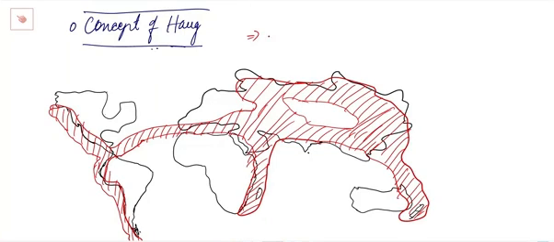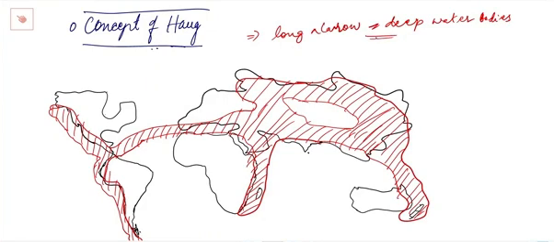So first what he said was geosynclines are long and narrow and deep water bodies. He defined geosynclines as long, narrow, and deep water bodies.